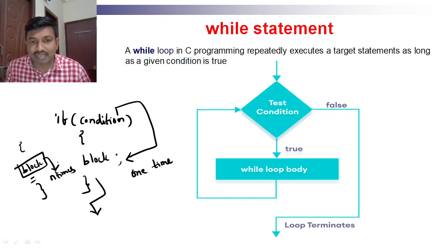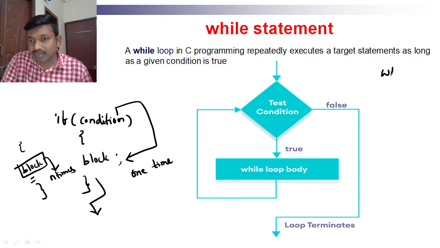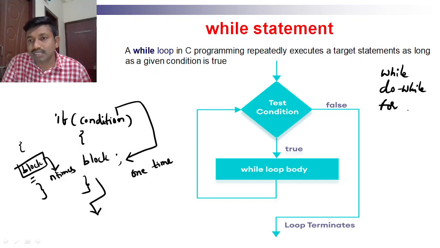You can see on screen. So we have three loops: one is while, do while, and for loop. Right. So let us look at the while loop initially. You can write the test condition with the keyword while. While the test condition is true, you are going to execute the statements here.